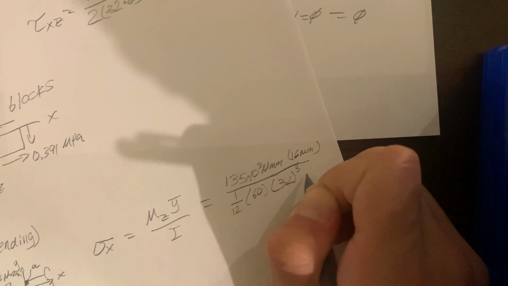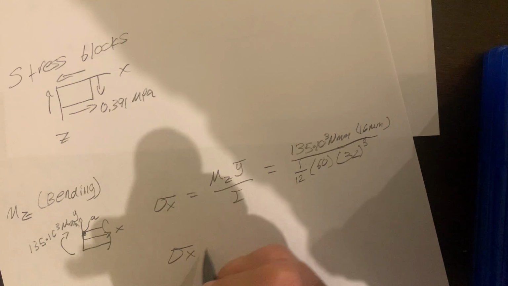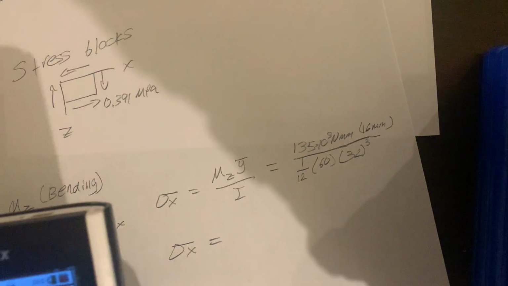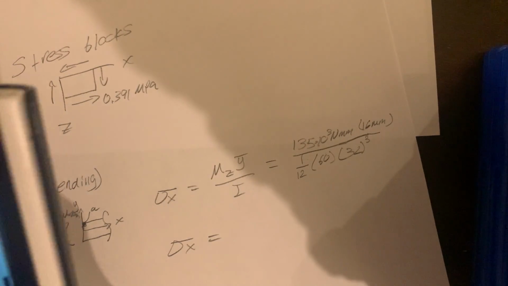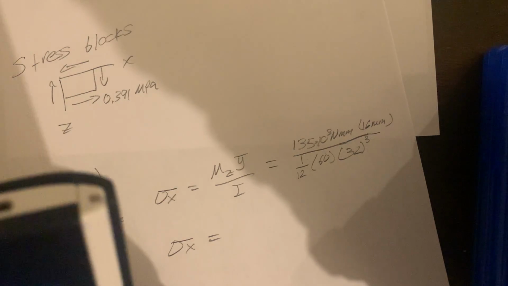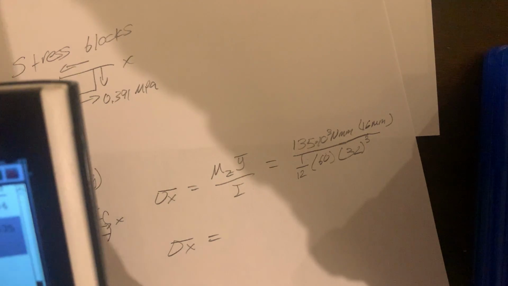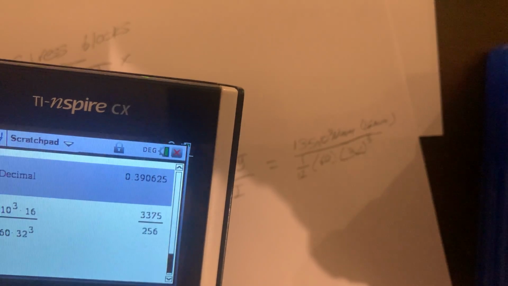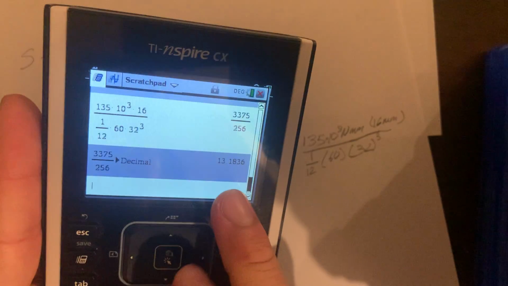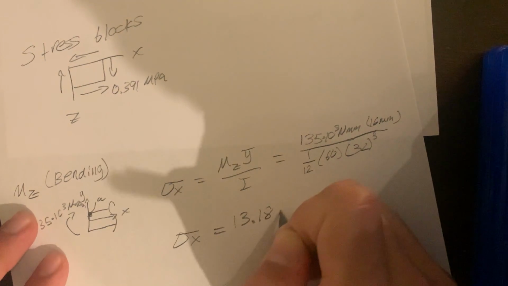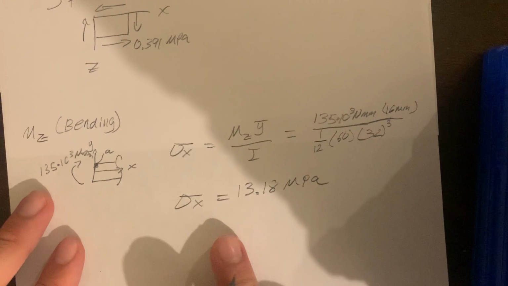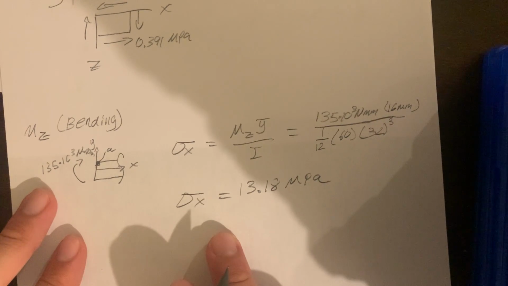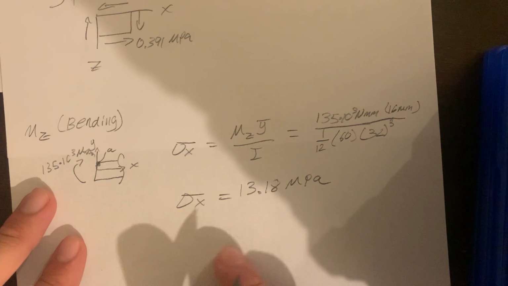And then altogether we get sigma x is equal to 135 times 10 to the third times 16, over 1/12 times 60 times 32 to the third. And that leaves us with 13.18 megapascals.